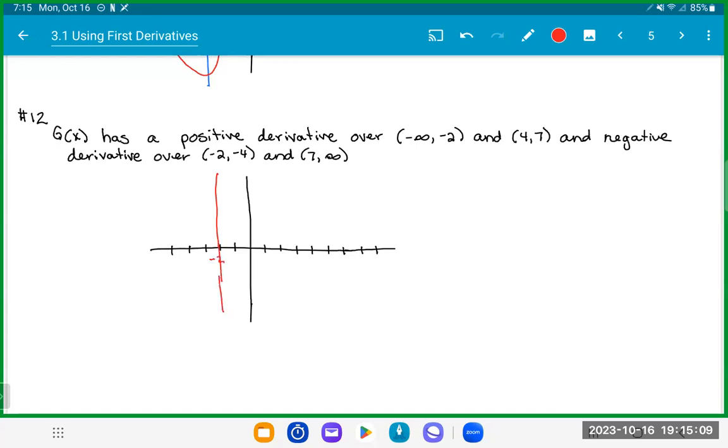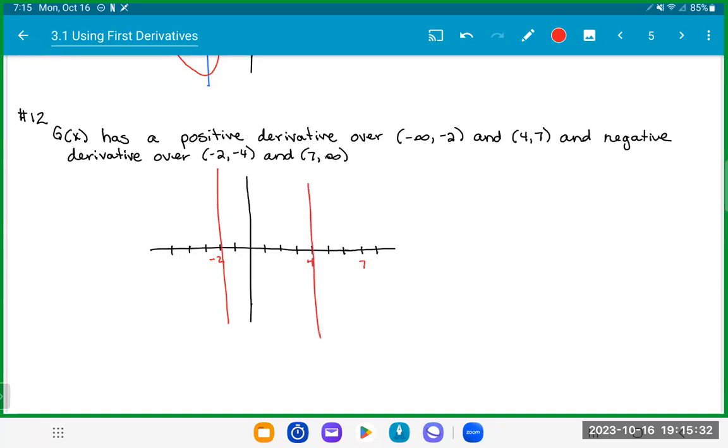So this is that. So that's one interval. And it's also from 4 to 7. So that's 5, 6, 7.